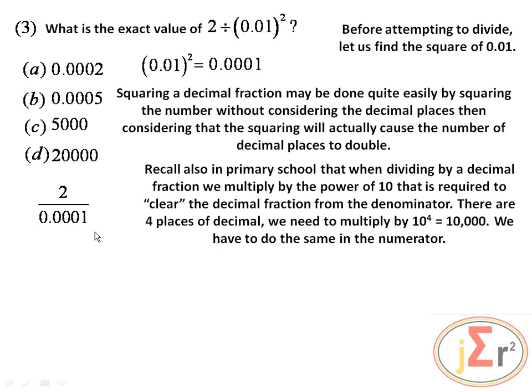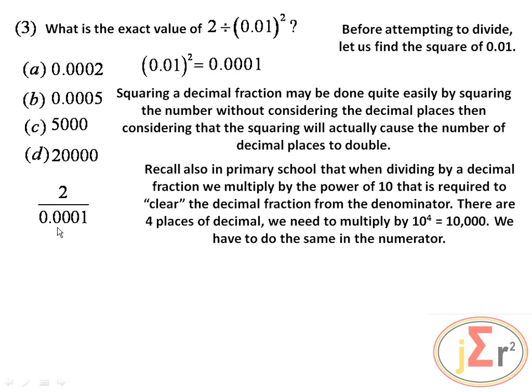So we are using the principle that in primary school, when we are dividing by a decimal fraction, we multiply by the power of 10 that is required to remove all the decimal places from what we have here. To remove all the decimal places, we need to multiply by a power of 10 that has the same number of zeros as the number of decimal places that we have here.